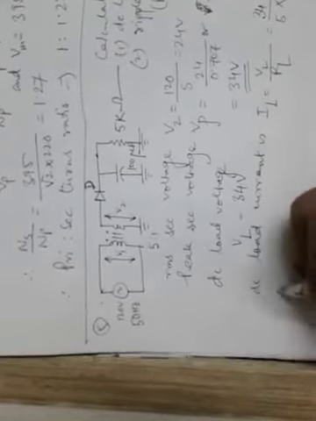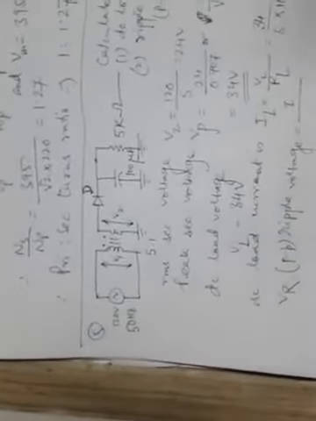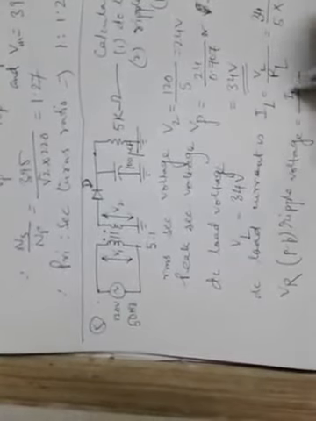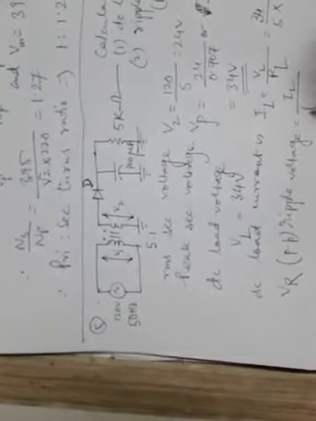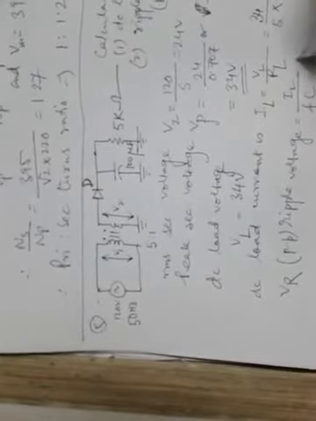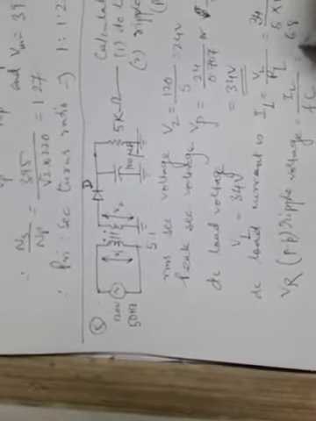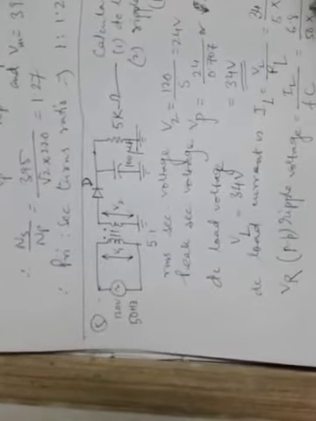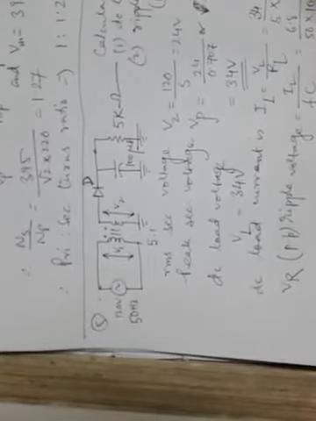Now we have the formula for VR, which is the peak to peak ripple voltage: the DC load current IL divided by F into C. Substituting the values, F is 50 Hertz, and the value of the capacitor is 100 microfarad.